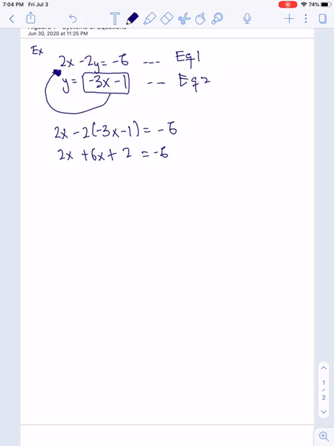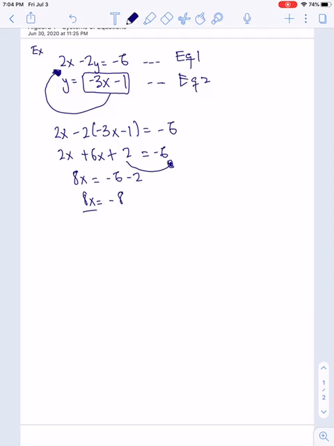So we're going to add them together to get 8x. And now let's group like terms for 2 and negative 6. So it's going to be equals negative 6. When this positive 2 crosses over to the other side of the equation, we're going to get the opposite sign. So it's going to be a negative 2. And it's going to be 8x equals negative 8.